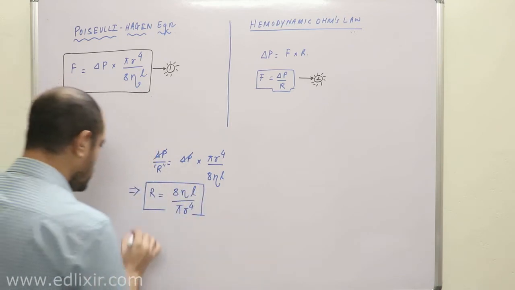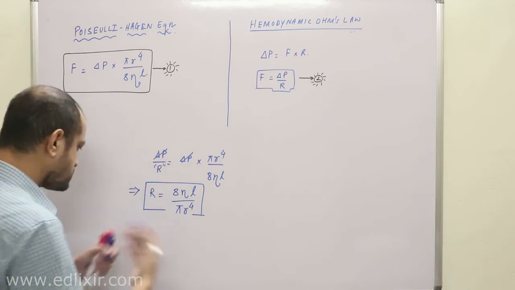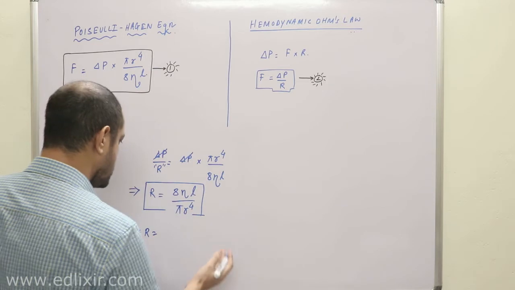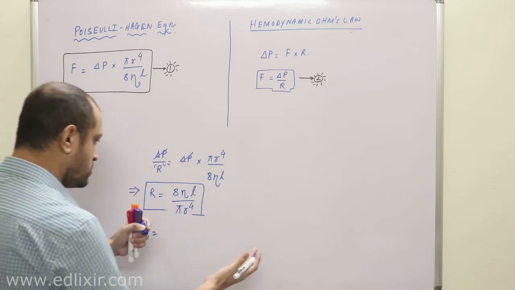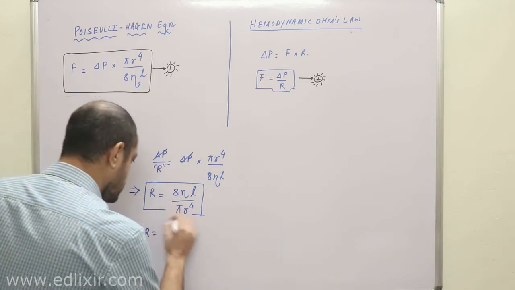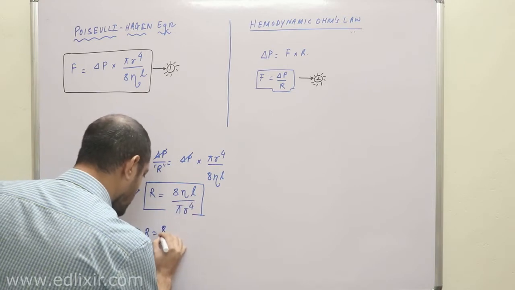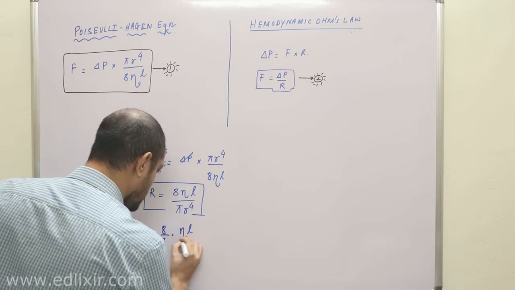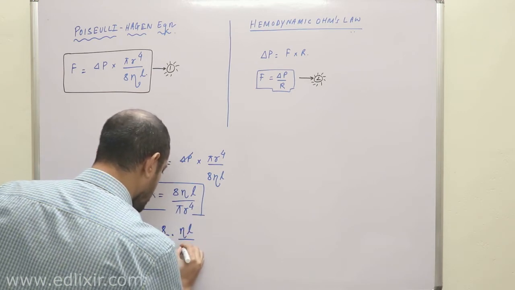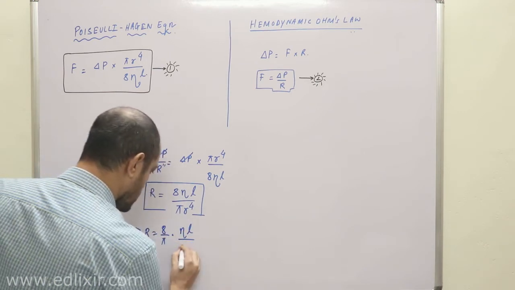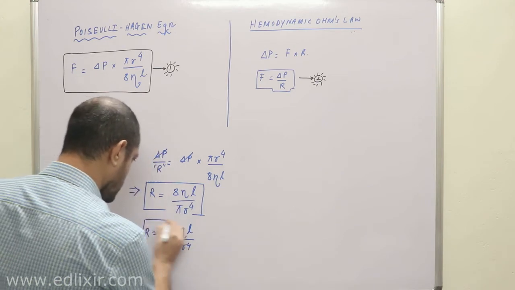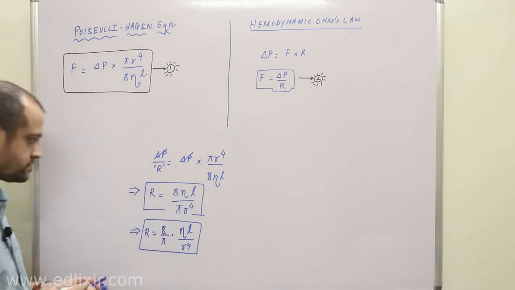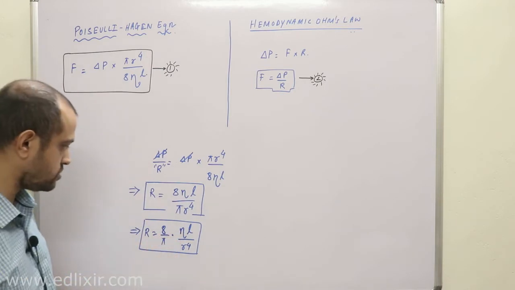This will come. Now let us further simplify this equation. Let us take the constant things outside: 8 by pi into eta L by R to the power 4. Clear? Eta L into R to the power 4.